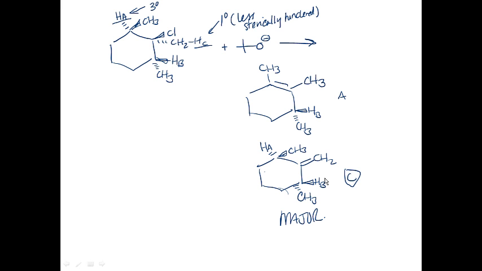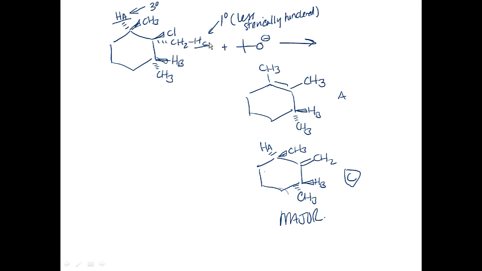And if the base is tert-butoxide, then I'm going to remove the least sterically hindered beta hydrogen, which will give me the least stable molecule because the double bond will have the least number of alkyl groups attached to it. Okay. So that's how we look at the stereochemistry of the E2 and the antiperiplanar geometry.